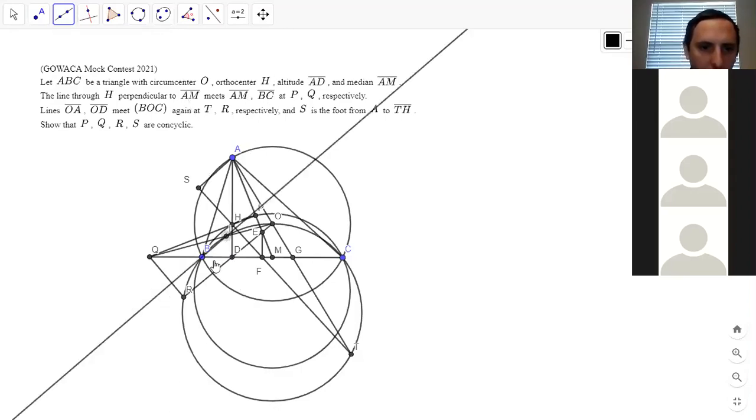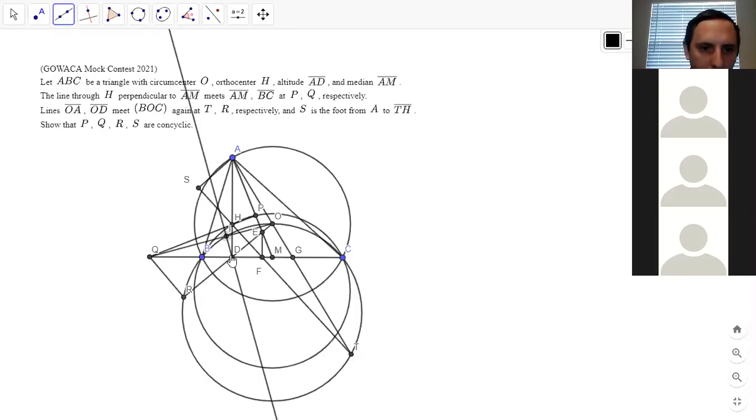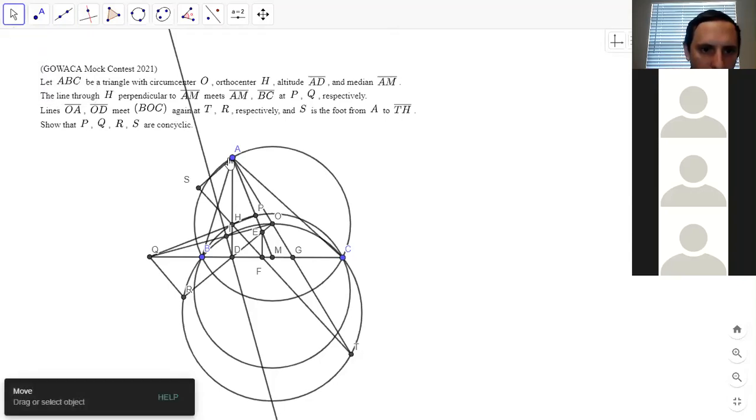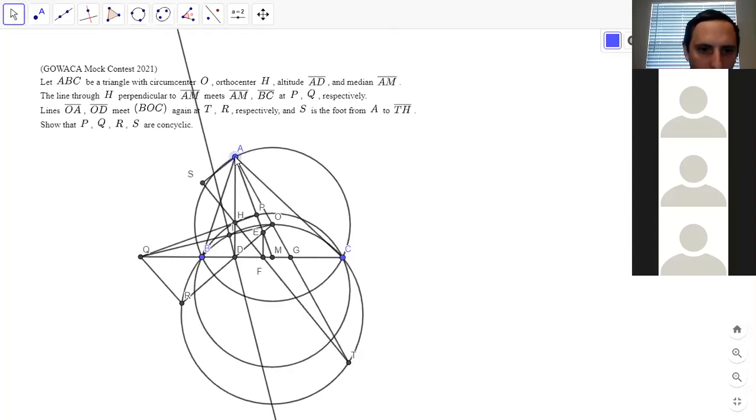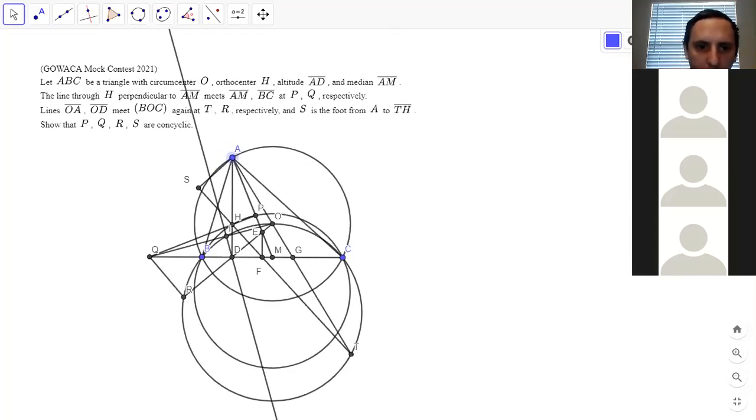Maybe angle OID is 90. It looks like it must be true from power of point. That angle OID is 90. Yeah, because we can prove from power of point that IDMO is cyclic.